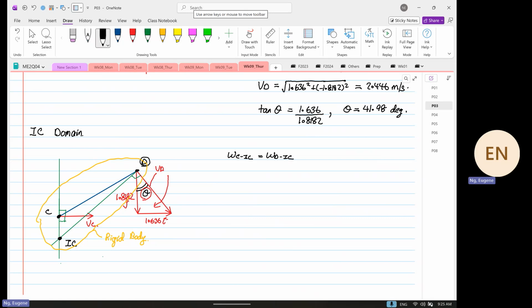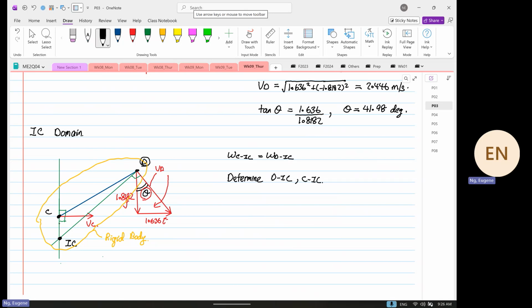So what's left for us to do? We need to determine the distance D to IC, and we also have to determine the C to IC distance.